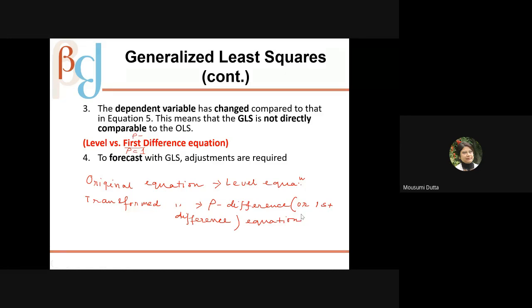These two equations are not comparable. So the level equation is not comparable with the difference equation.